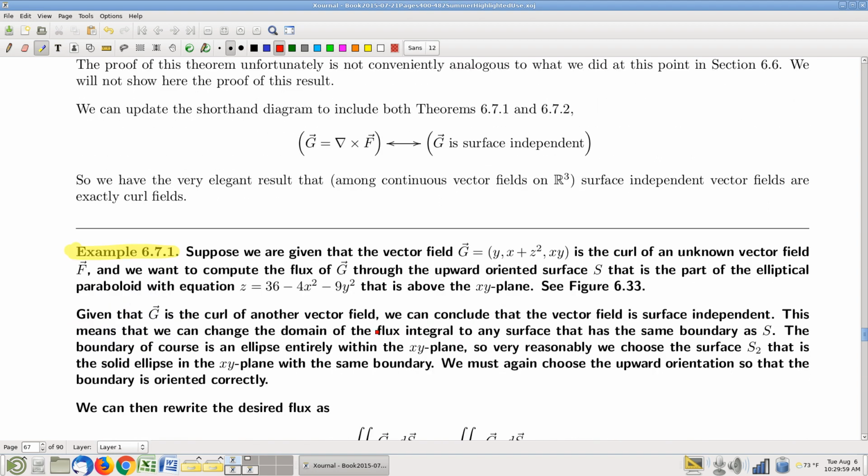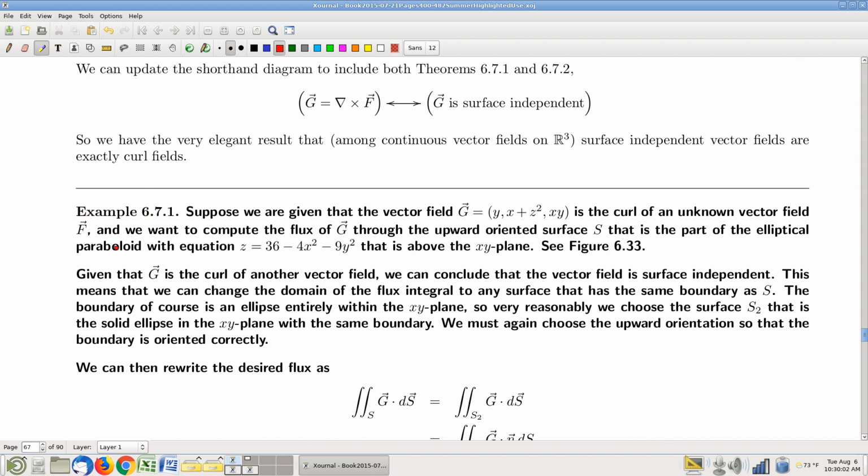Okay. All right, so here now is an analogous example. Here's a vector field. I'm going to give you as free information that this is the curl of an unknown vector field. So notice I'm not telling you the anti-curl. That's not given. I'm just telling you there is an anti-curl.